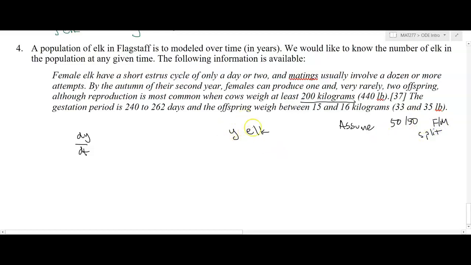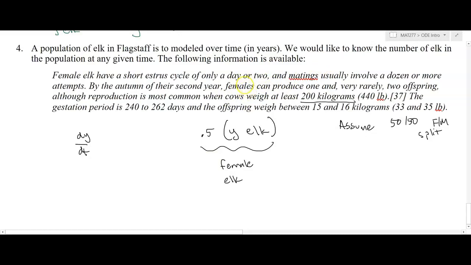Okay, so that means of the y elk, 50% of them are female. These are female elk. And we're going to make the assumption that every female elk is going to successfully give birth, because I don't know how else to do it without taking into account other information that I'm not given here.